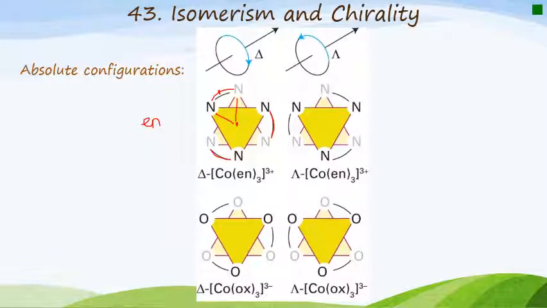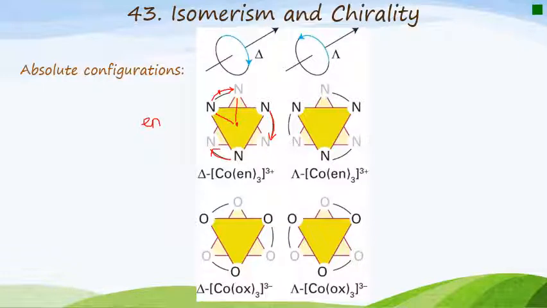Now, if we looked at the direction of possible rotation of this species, we would have the nitrogen going in this direction here, and then this direction here, and this direction here.